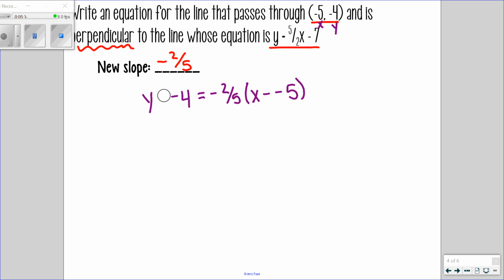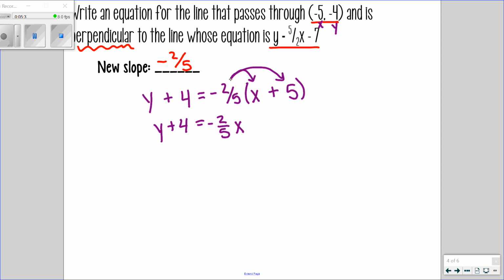And just like yesterday, let's make sure we turn those two negatives to a positive. Two negatives to a positive. And then we can go ahead and solve for y because we want all of our equations to end up in slope-intercept form. So we need to distribute that negative 2/5 first. So we have y plus 4 equals negative 2/5 x.